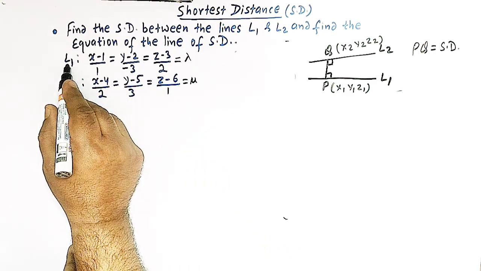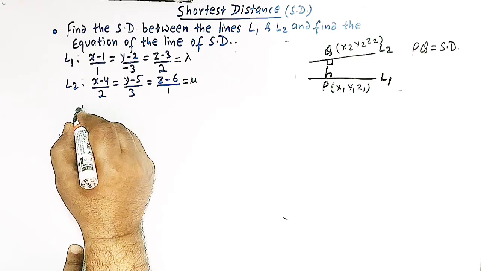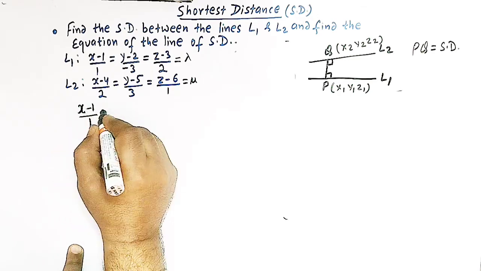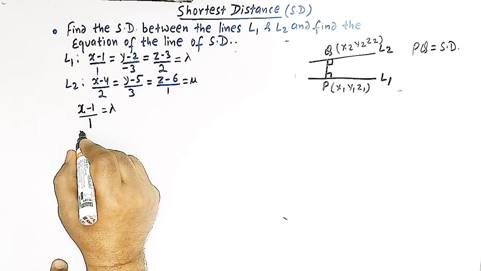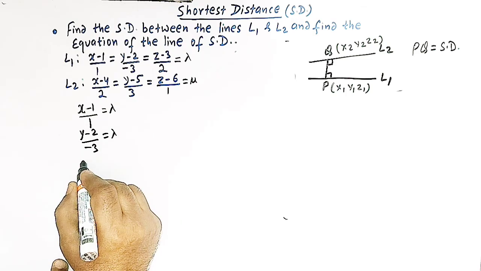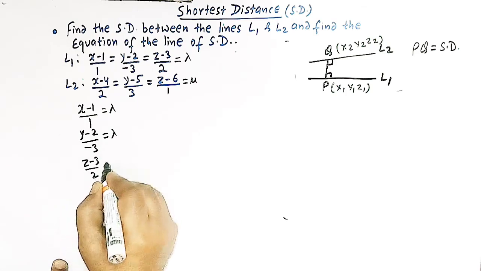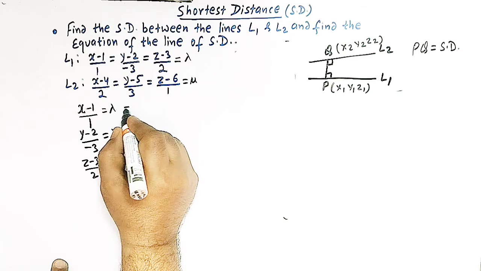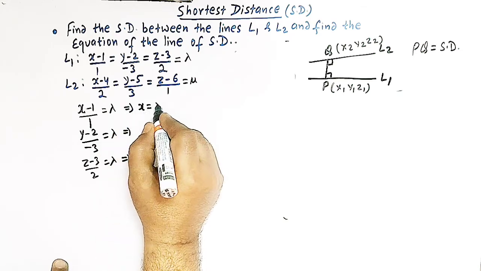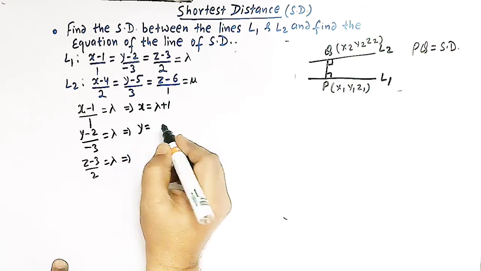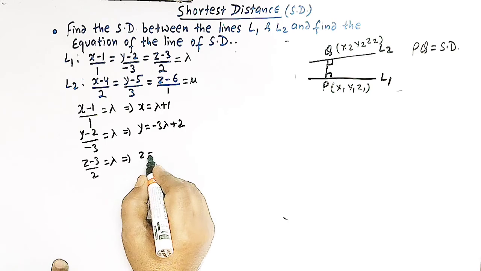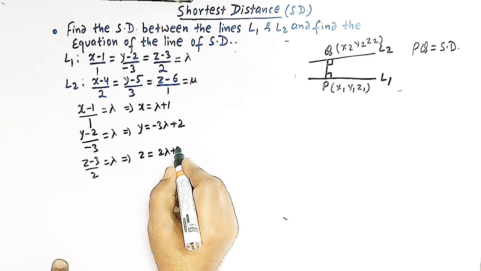So from line L1, we have (x minus 1) over 1 is equal to lambda, (y minus 2) over minus 3 is equal to lambda, (z minus 3) over 2 is equal to lambda. From here we can write x is lambda plus 1, y is minus 3 lambda plus 2, and z is 2 lambda plus 3.